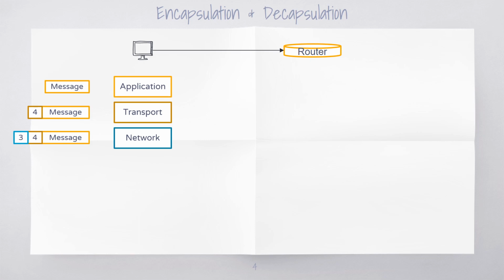So the network layer will add its own header information, which will basically have the source and destination network addresses, along with error checking for headers. And if the message is too large, it could be split into smaller portions, fragments.